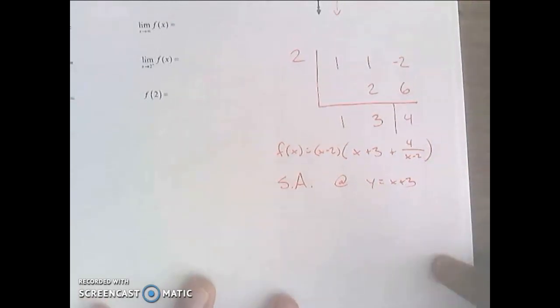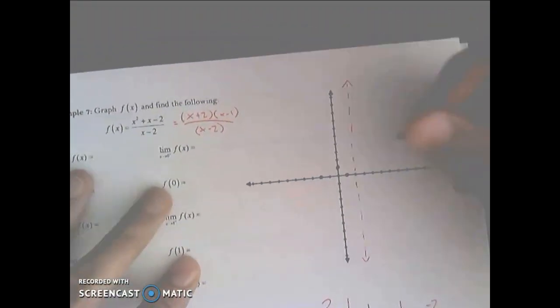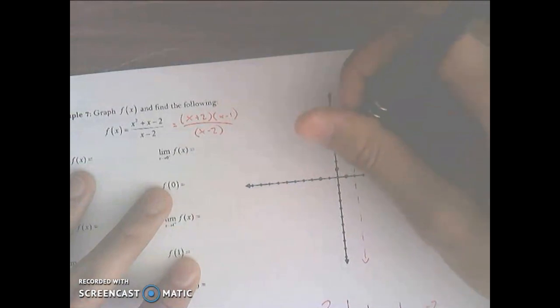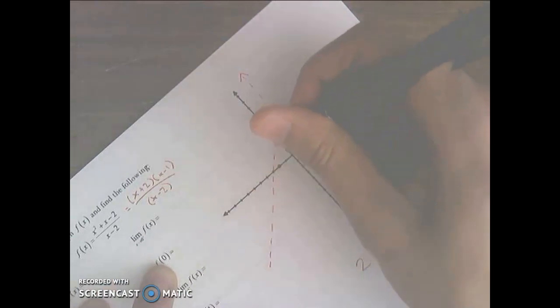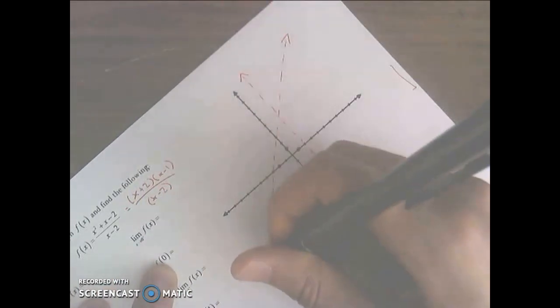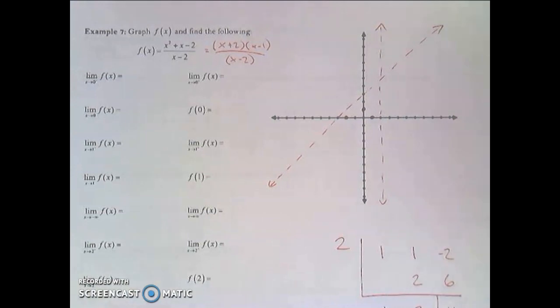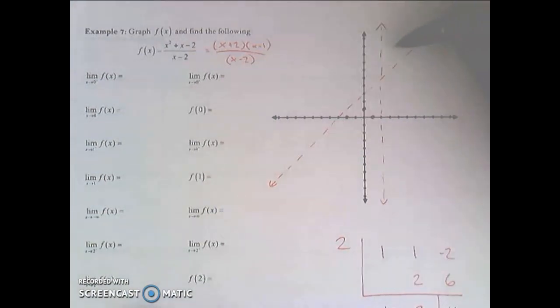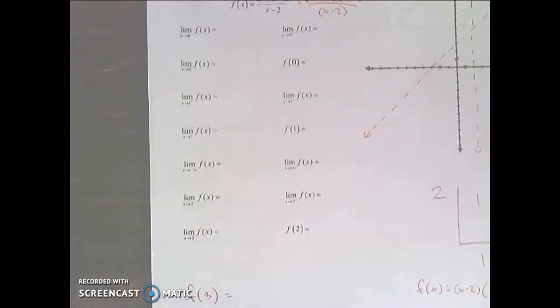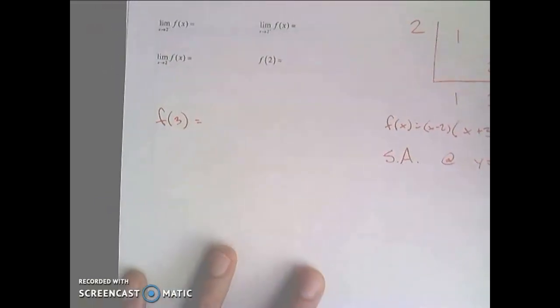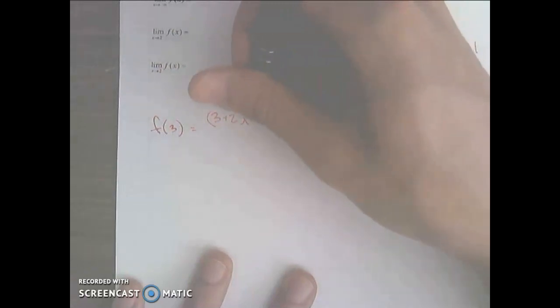Okay. So let's go ahead and plot that. We've got y equals x plus 3, so here's 3. Slope is 1, so then we can have something that looks like this. Let's find another point on this side of the asymptote. So we've got, let's try f of 3. So plugging in 3 for x, we have 3 plus 2 times 3 minus 1 all over 3 minus 2.